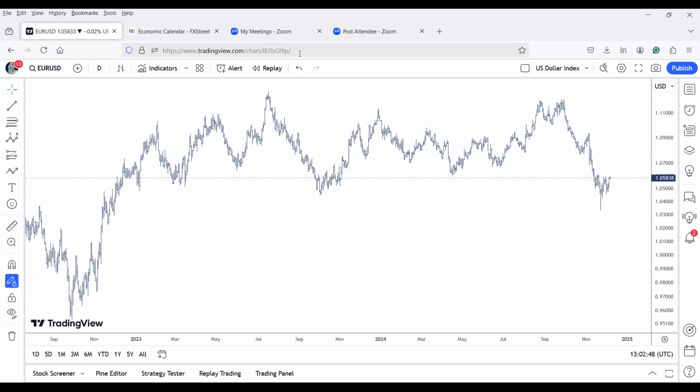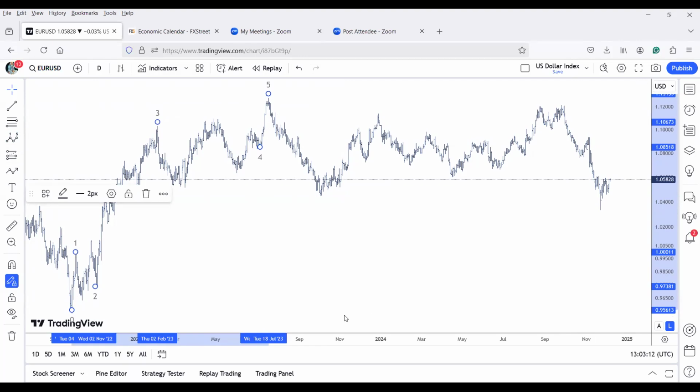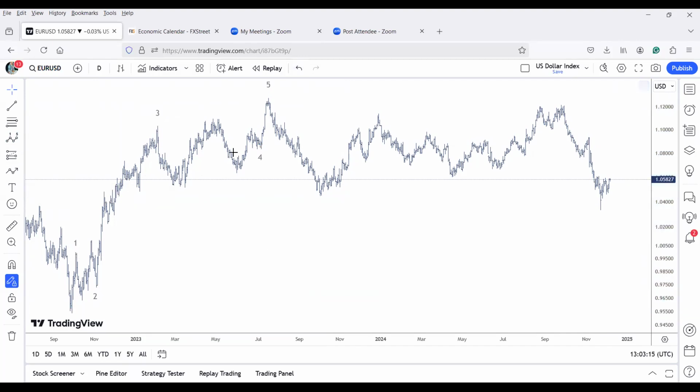Let's start with the euro, please. I'll be doing more of the work here, less of talk. As the wave principle suggests, any movement in five waves indicates the major directional move of one higher degree.